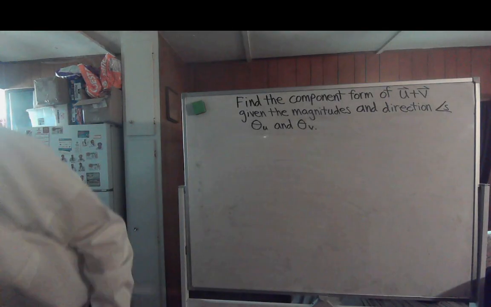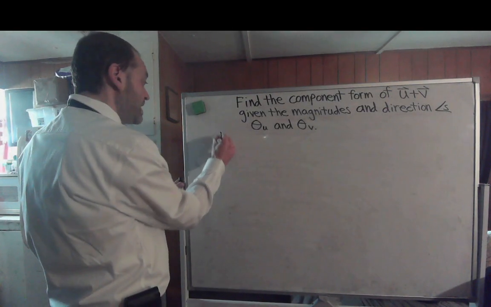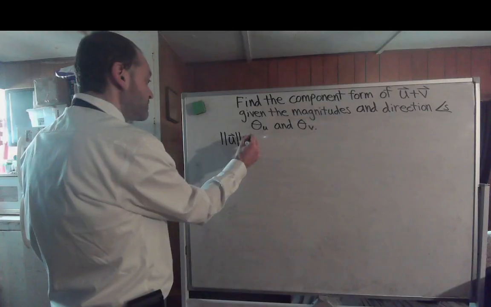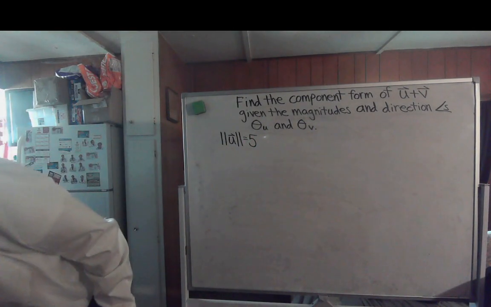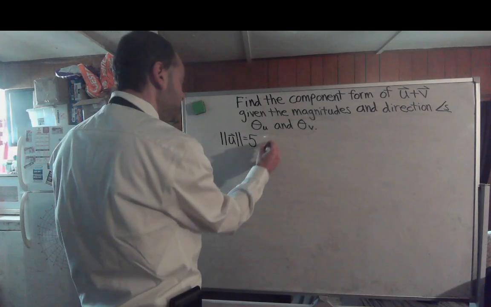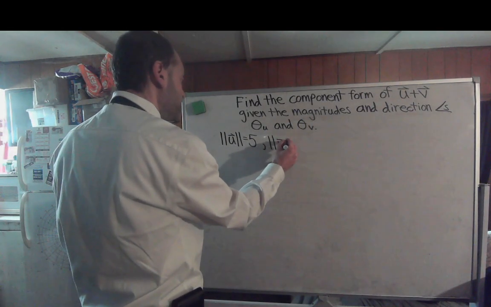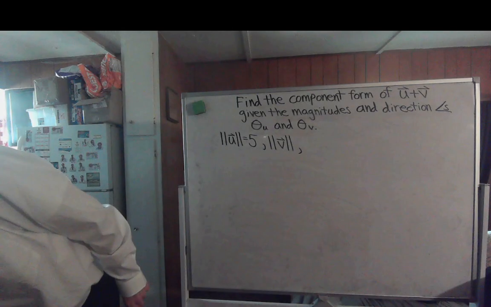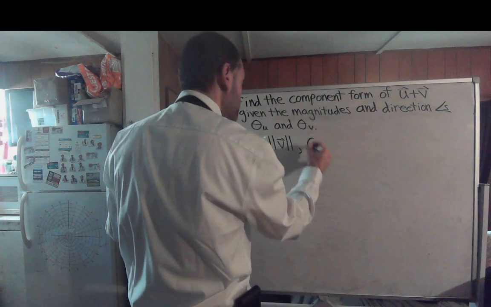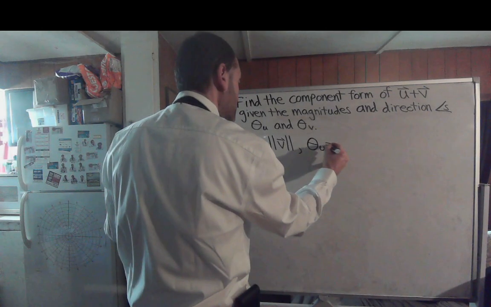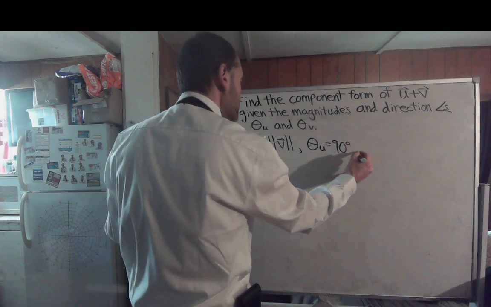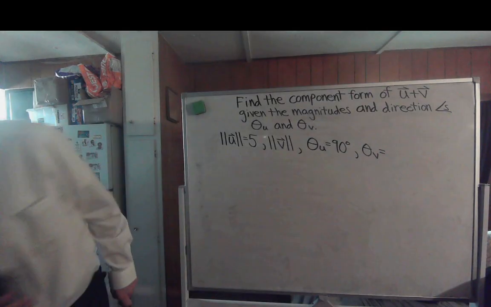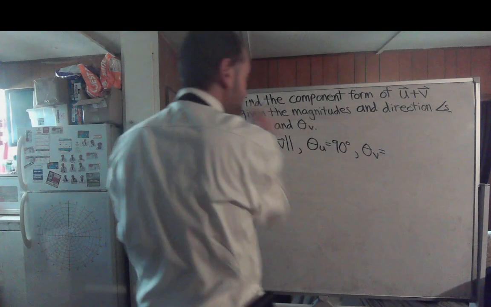Well, let me set this up here. We are given that the magnitude of vector u equals 5. The magnitude of vector v also happens to equal 5. Theta sub u was 60, I had it backwards.